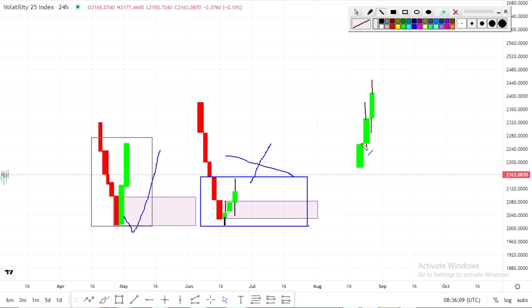Then we have something like this. All right, so this is 3 consecutive bullish candles.